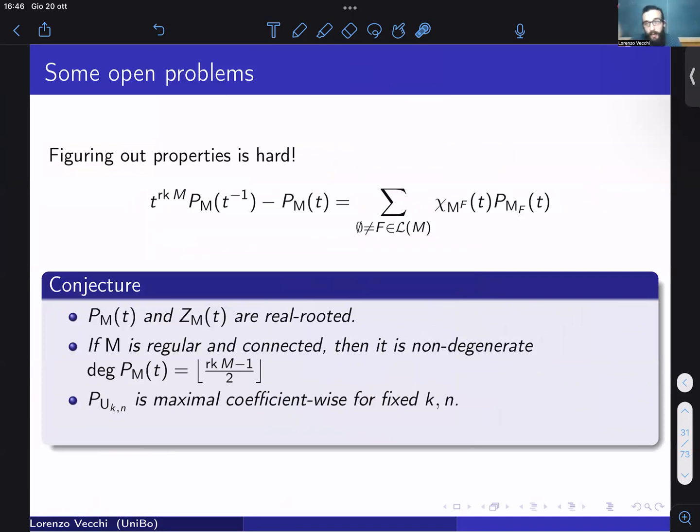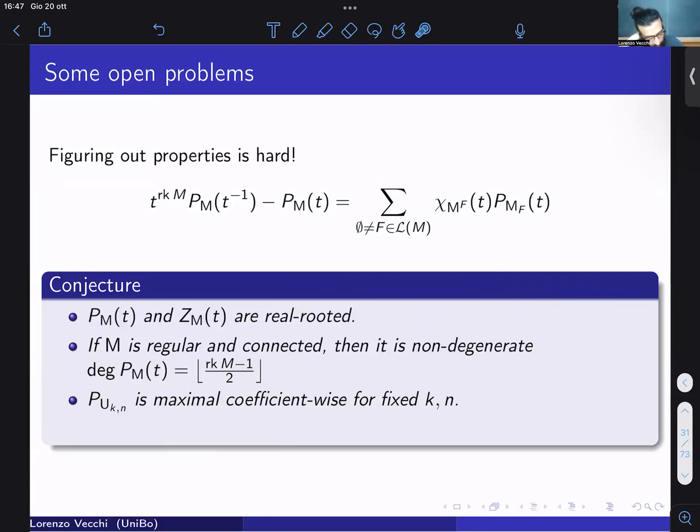So maybe that's why we needed to completely change the way we looked at the problem, and then geometry came to help and helped us solve those conjectures. But again, some combinatorial conjectures are still open for these polynomials. So there is still a lot to do for these invariants.